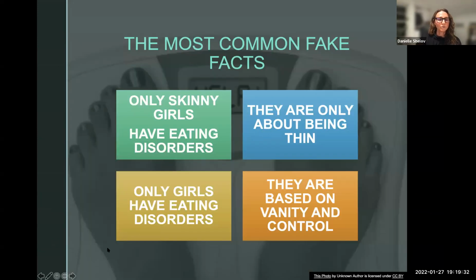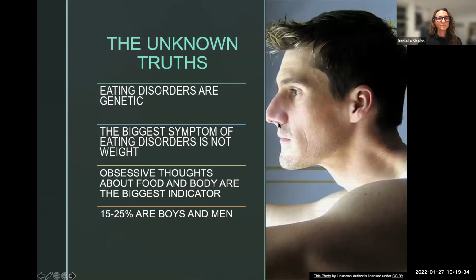And these are the unknown truths. Eating disorders are actually genetic. And I have a whole sequence on this because that is critical. The biggest symptom of eating disorders is not the weight. The biggest symptom of eating disorders is about the thoughts, right? So how much time in a given day does an individual spend thinking about food and body?